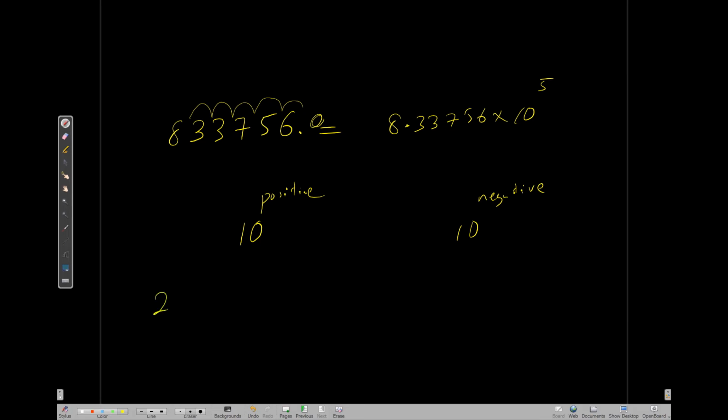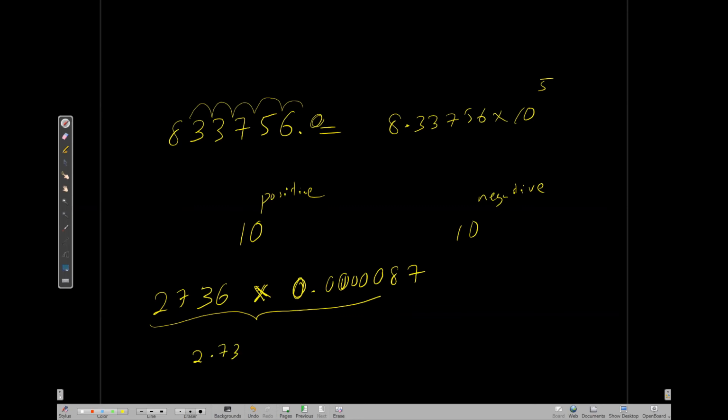For example, if you had to multiply using a calculator, let's say, well, you can do that, but in reality you have much larger and much smaller numbers than this. But this question is equivalent to multiplying 2.736. Why?